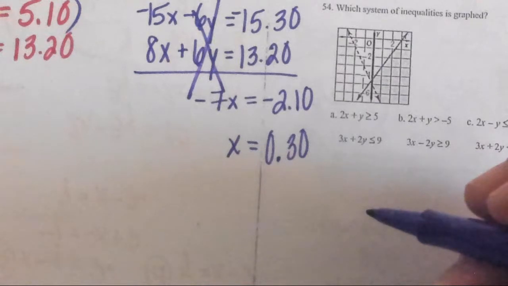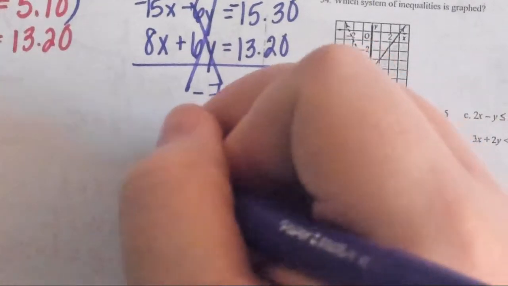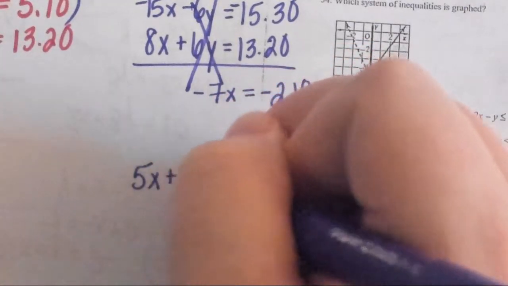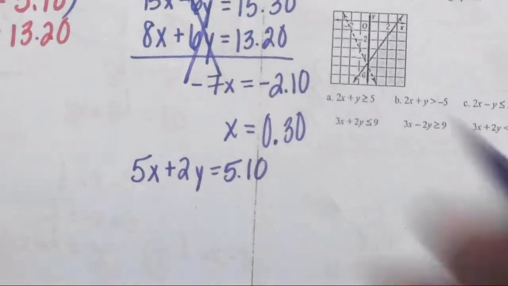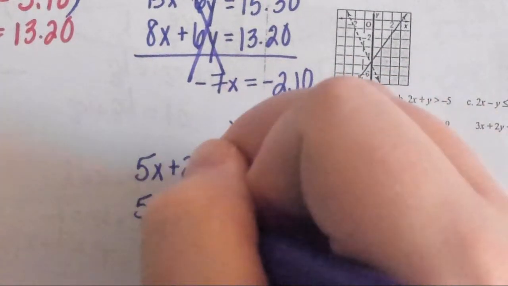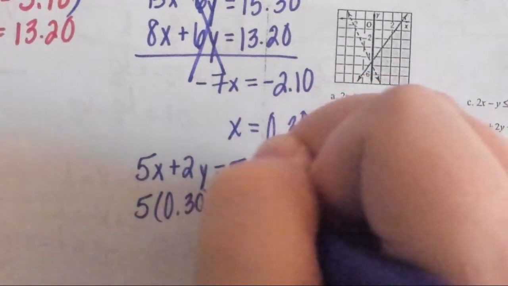Pencil costs 30 cents. Sadly, we still need to know what the cost is for pens, so we can pick either equation and plug it in. I'll pick the top one. It really doesn't matter. I know x really is 30 cents, so I'm going to plug in 30 cents.